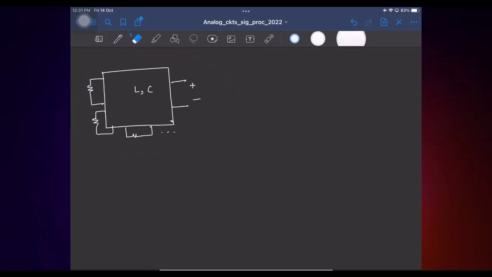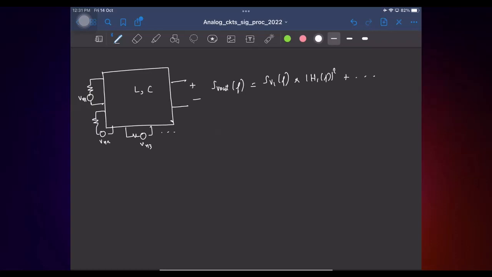As usual, we replace a resistor by a noiseless resistor in series with the noise source Vn1. So here it will be Vn2 and Vn3. You know that the power spectral density at the output is basically the first source power spectral density times mod h1 of f squared plus so on. To find each of these transfer functions, you have to consider only one of them, null the rest, find the transfer function and repeat it.